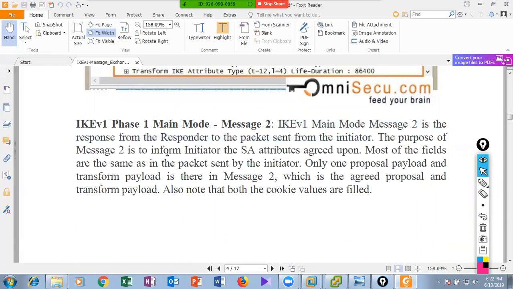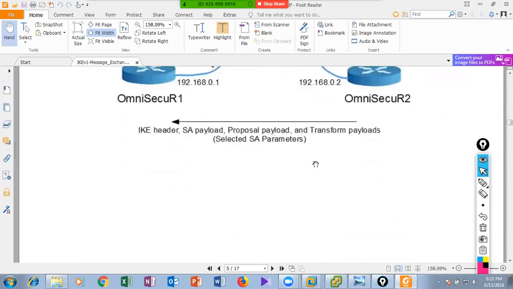The purpose of message 2 is to inform the initiator of the SA attributes agreed upon. So I agreed to your proposal and I'm saying, okay, I'll follow the same encryption, same hash, same type of all the parameters, whatever you proposed to me. Most of the fields are the same as in the initiator's packet. Only one proposal payload and one transform payload is there in message 2, which is the agreed proposal and transform payload. Also note both the cookie values are filled.